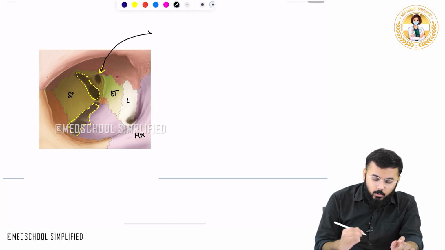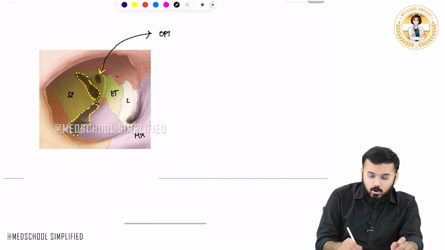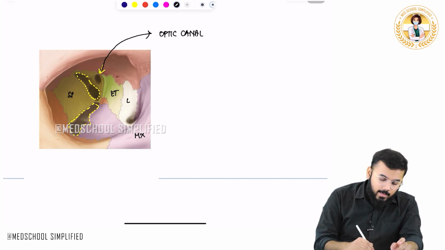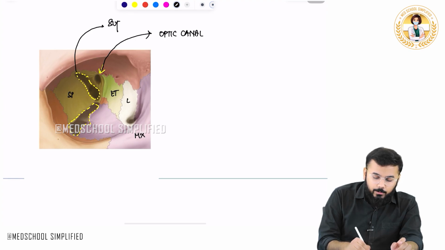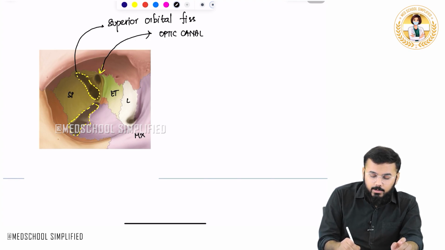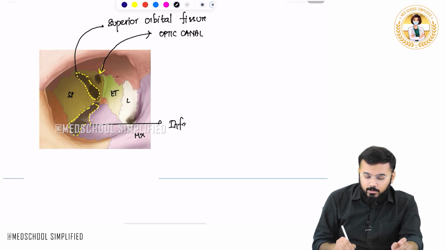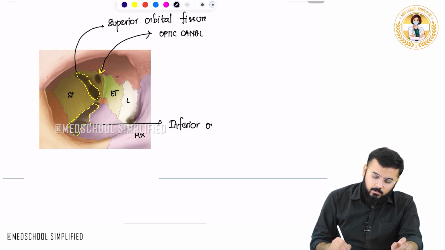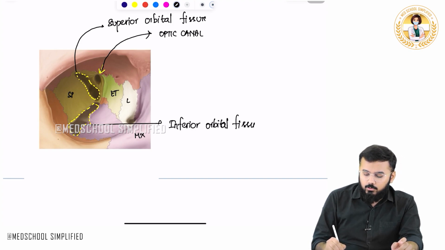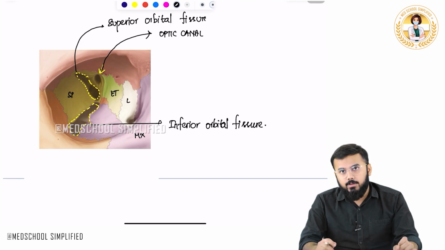This particular opening over here is called as your optic canal, and this one over here is called as your superior orbital fissure, and this one over here is called as inferior orbital fissure.